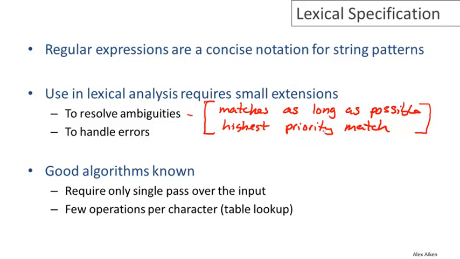You have to think carefully about the ordering of the rules and exactly how you write the rules so that you get the behavior that you desire. And finally, to handle errors, we typically write out a catch-all regular expression that soaks up all the possible erroneous strings and give it the lowest priority so that it only triggers if no valid token class matches some piece of the input.